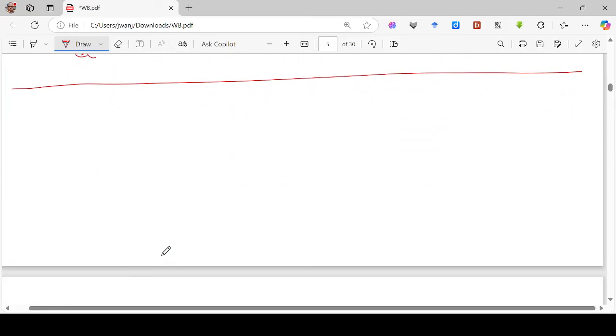The last method that we're going to consider here is the chain rule.